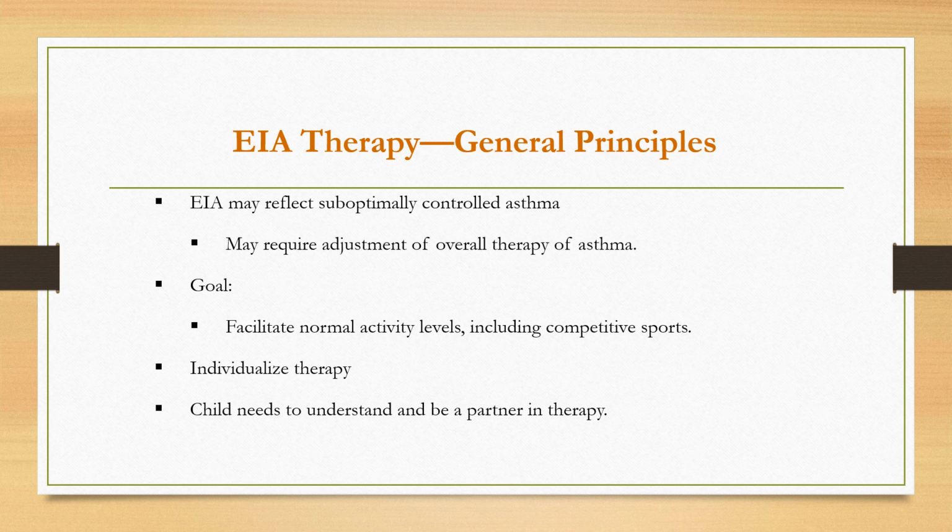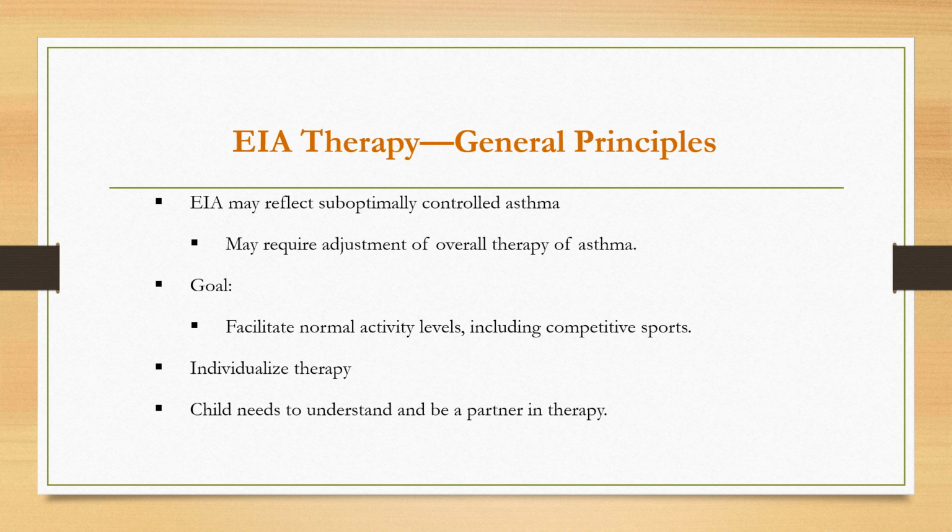For example, a child may be asymptomatic on the current regimen, but when they engage in some kind of sport, they actually get bronchospasm. So the goal is to improve their normal activity level to a point that they can compete in sports. And every child is different. There's no cookie-cutter dosing or anything like that; every child is a little different.